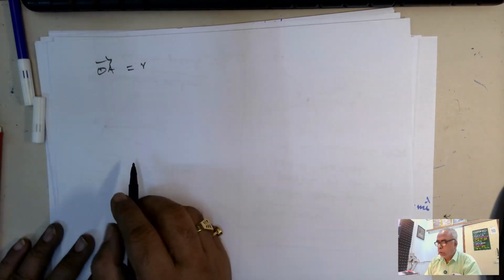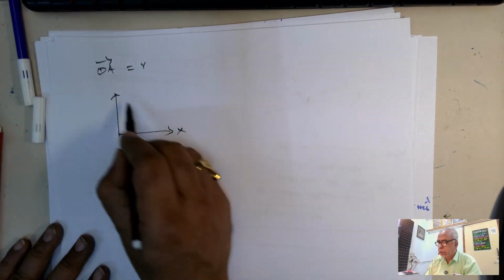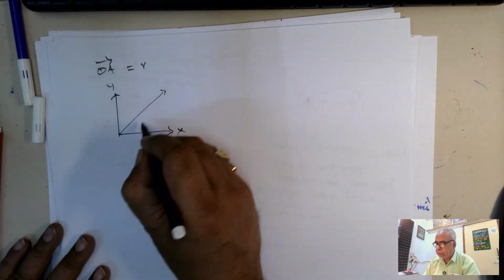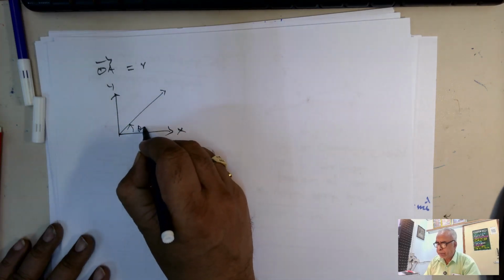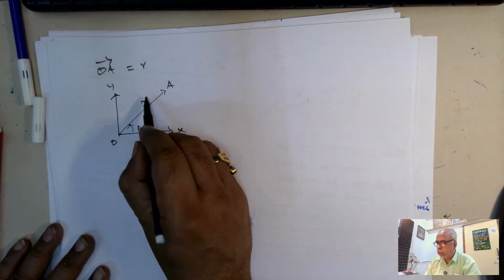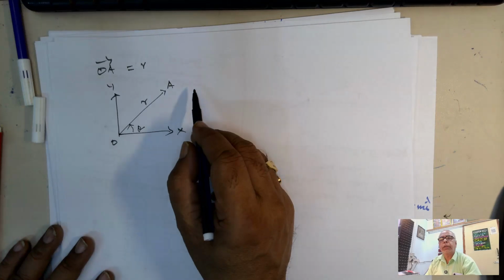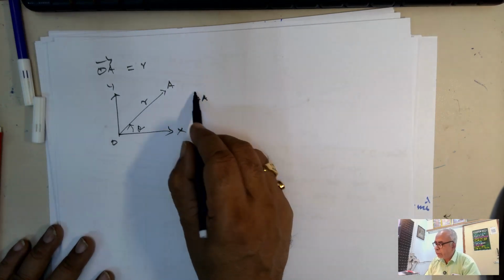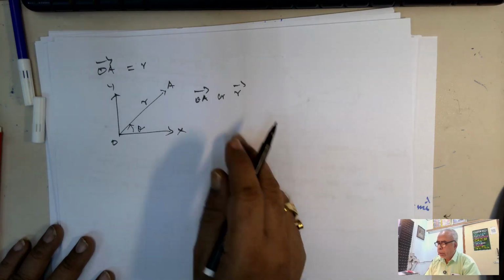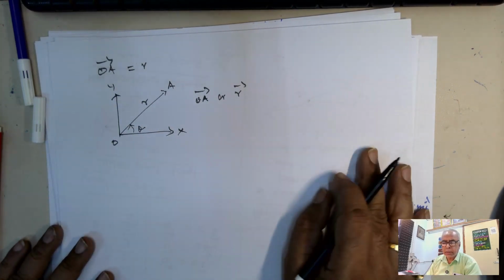Okay. Now, this is a two-dimensional plane, x-axis, y-axis, right? And a position vector that subtends an angle theta. Okay. So this is O and this is A and this is called R vector or OA vector. Okay. That subtends an angle theta to the x-axis.